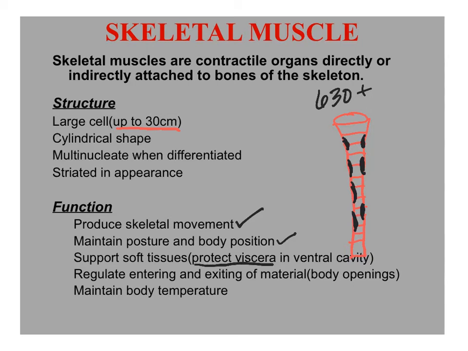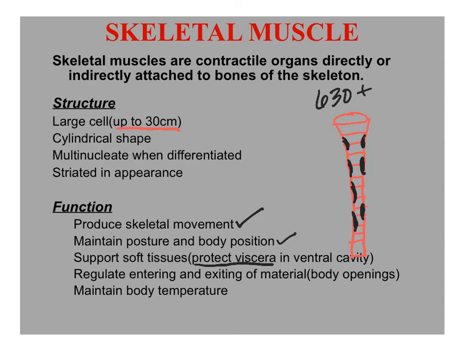Skeletal muscle also helps to regulate the entering and exiting of material into and out of the body. So at all your body openings, you're going to find skeletal muscle. If you think about your mouth, for instance, there is skeletal muscle controlling the entrance of your mouth. If you think about the anus, there's a skeletal muscle there controlling exiting of material from the digestive tract.